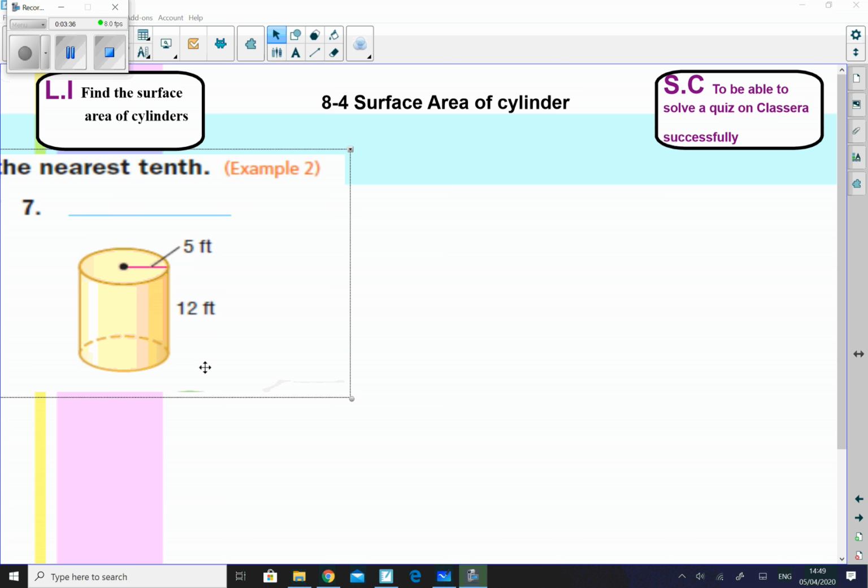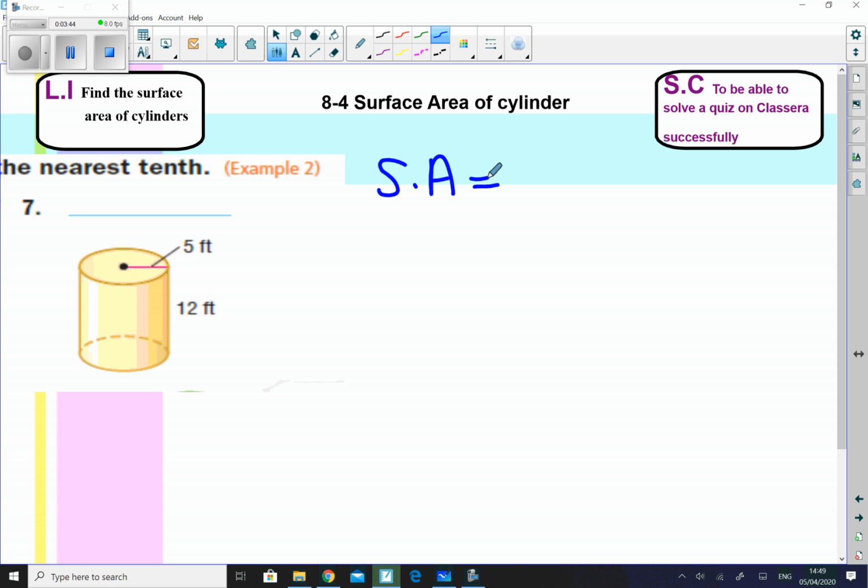Let's find the surface area for this cylinder. As we said before, the surface area is equal to the area of the two bases, which is 2 pi r squared, because pi r squared is the area of one base and the other one, so I multiply it by 2, plus the height times 2 pi r.